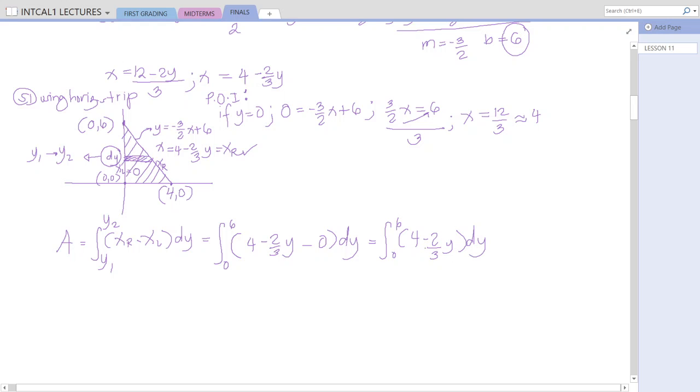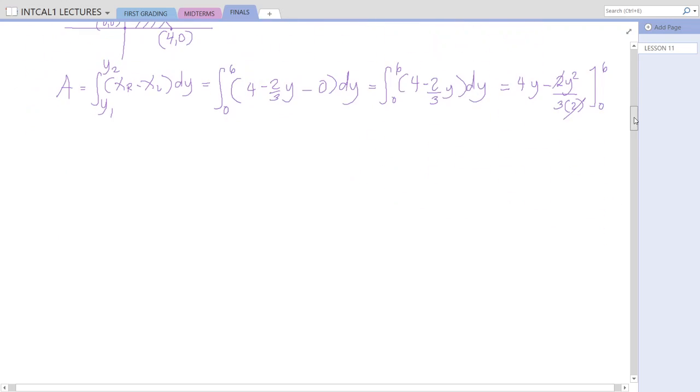Getting the integral, that is equal to 4y minus 2y squared divided by 3 multiplied by 2 for its exponent. So this one will be cancelled and the limits are from 0 to 6.